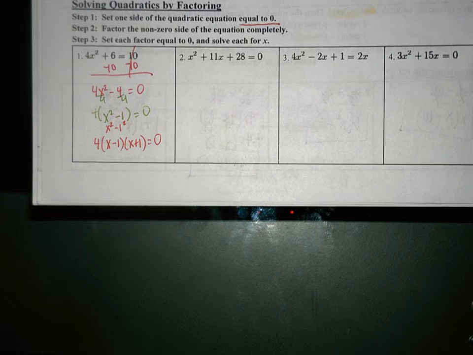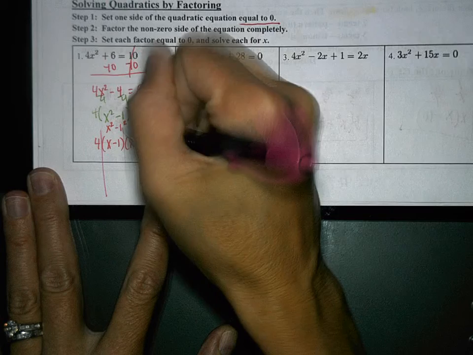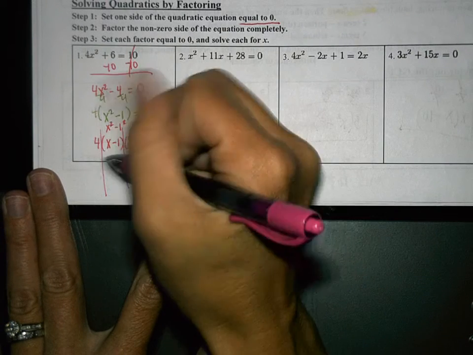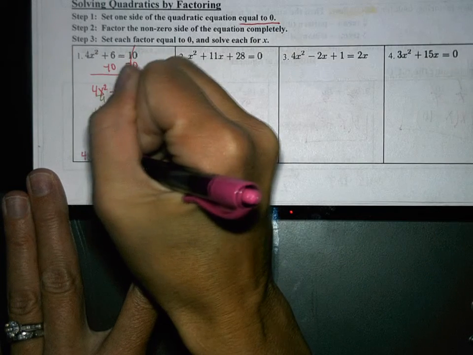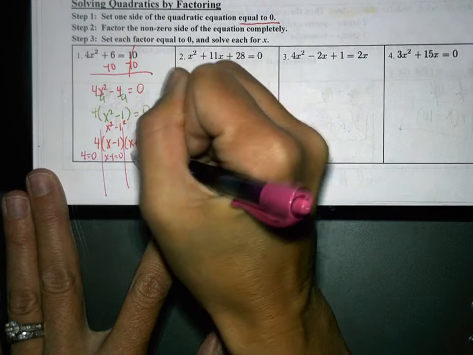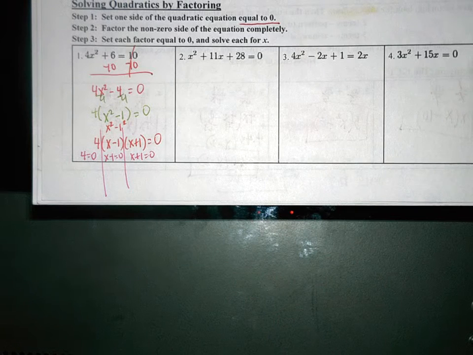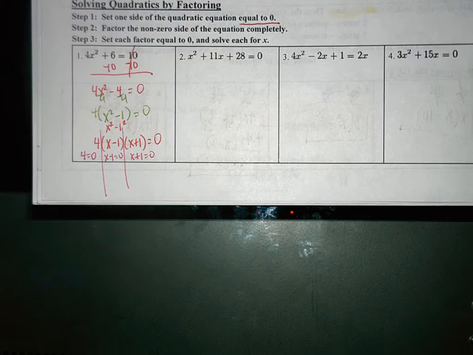Okay, once everything is factored and you can't factor any further, you set each of the factors equal to 0. So I normally always kind of draw lines down, and I set each of these equal to 0. So 4 equals 0, x minus 1 equals 0, x plus 1 equals 0. Now, can 4 equal 0?